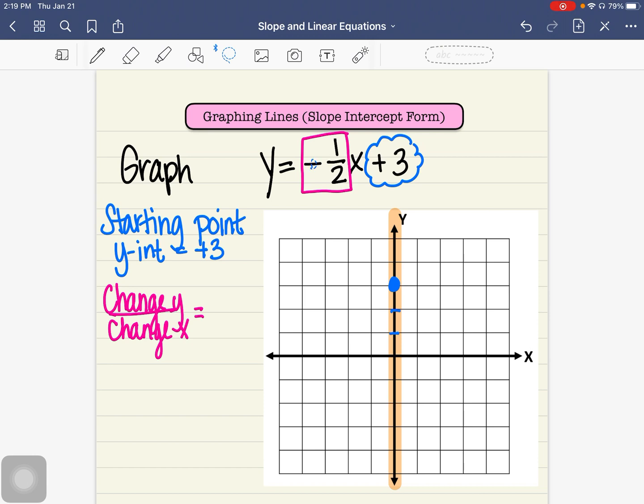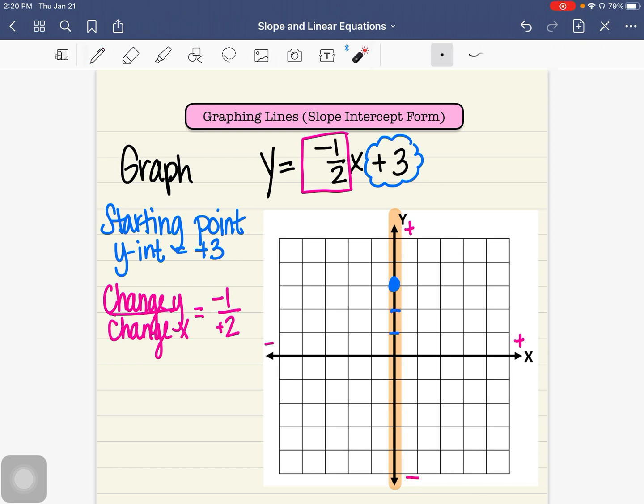If the negative sign is out front, all you need to do is move it to the top one. So the change in y is negative, and the bottom number stays positive. I'm going to say this is a -1 over a +2. So the change in x stays positive.